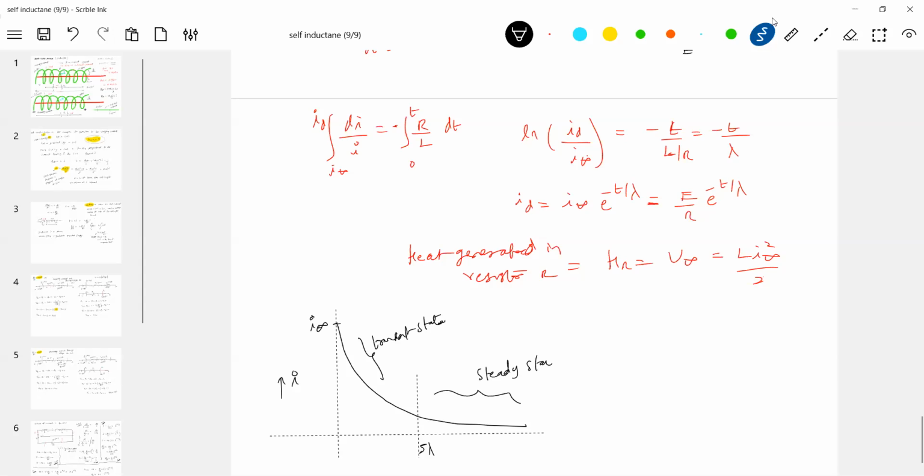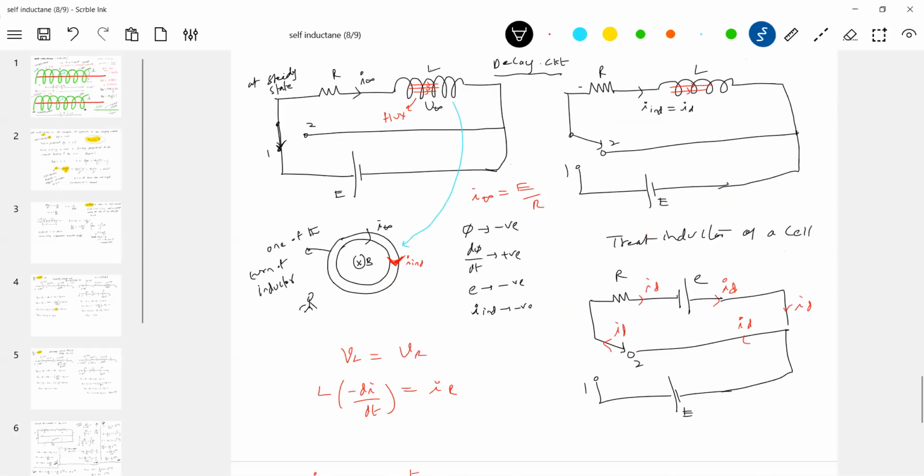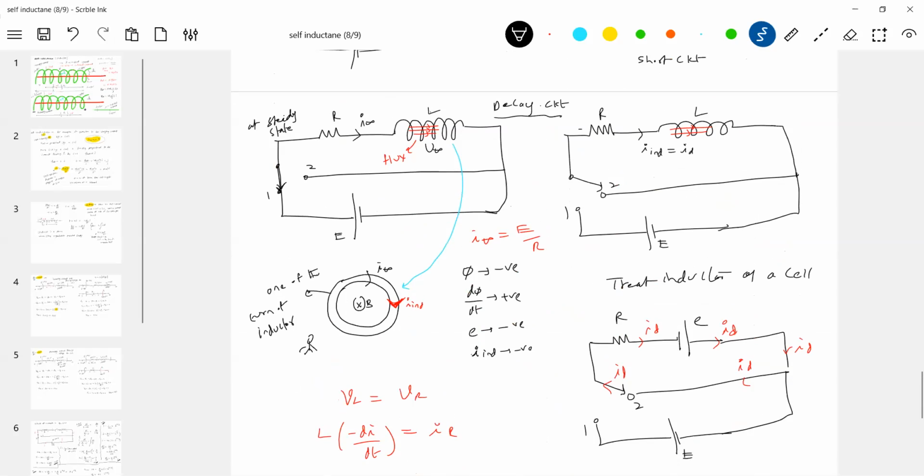So for that, what happens? We'll adjust all these things. But practically after 5 lambda, things will settle down. So this is called the decay of current in an RL circuit. This is very important. In books, they give explanations, not diagrams. I just took help of Faraday's law. So how do you determine the direction of decay current?